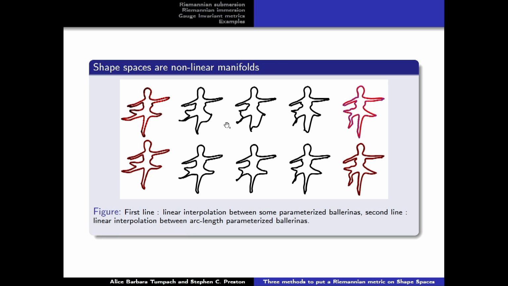And of course, it gives you very bad results if your parameterization is bad. The bottom line is the same procedure, but if you start with arc length parameterization on the left and arc length parameterization on the right, it's a bit better in this example, but still you see unnatural things happening.